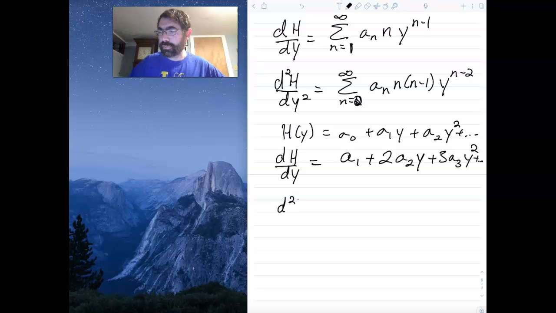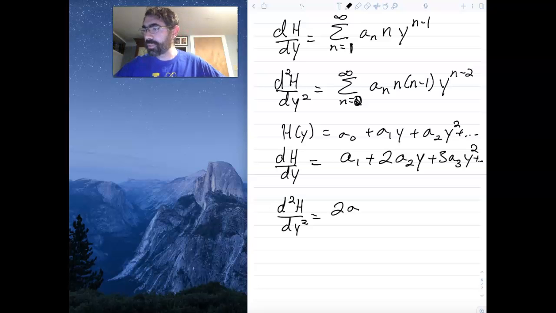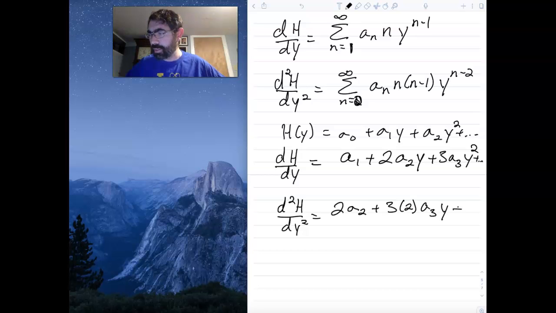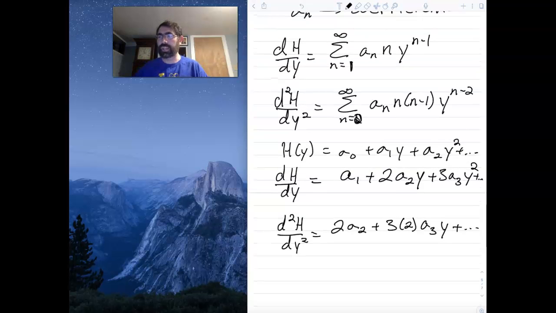And the second derivative, the a_1 disappears, and you get 2 a_2 plus 3 times 2 a_3 y plus dot dot dot. And that's what those sums tell me: when I take the derivative, I start with n equals 1 for the first derivative.